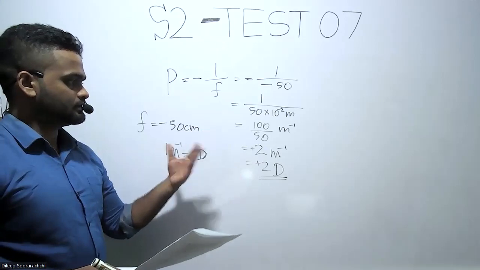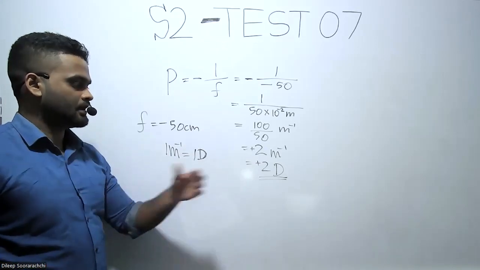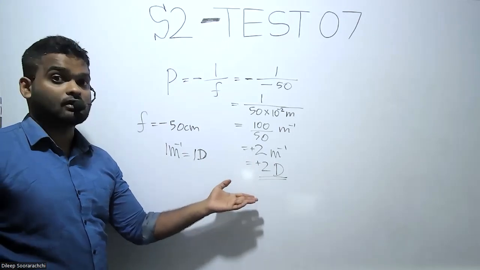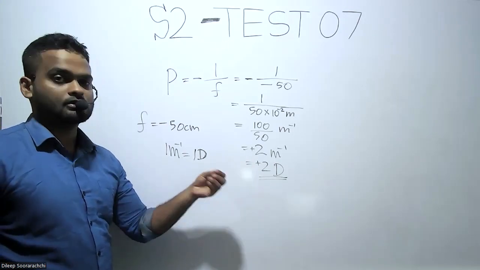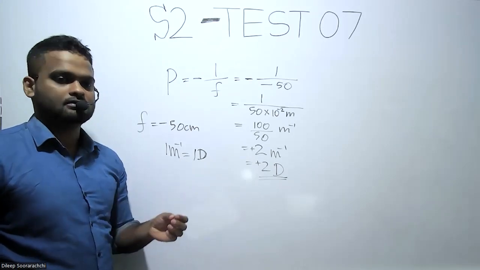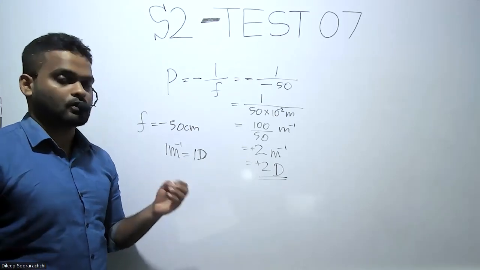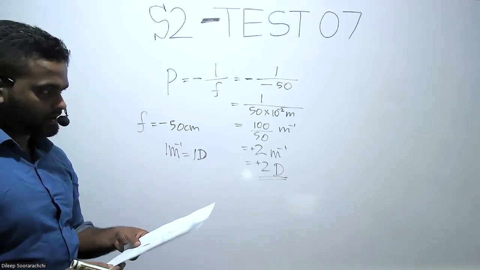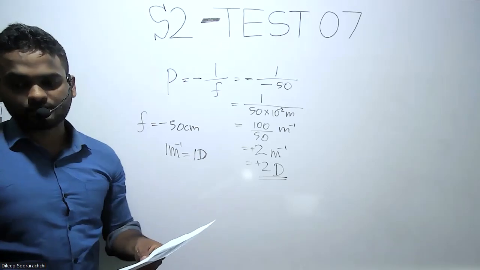Usually you have to know that when the power is positive, that is a convex lens. So that is what we got. When the power is positive, convex lens. If it is negative, it is a concave lens. Those are the points that you have to remember. Okay, so the answer is the fourth one for the 8th question.